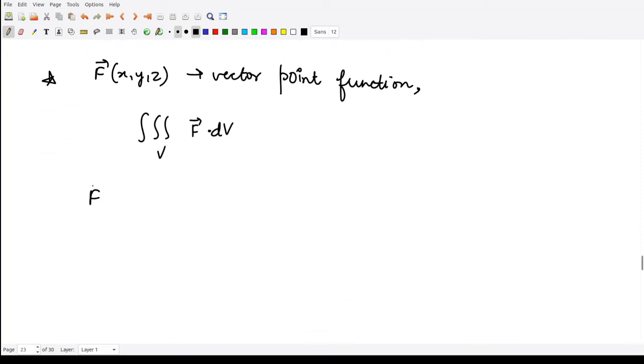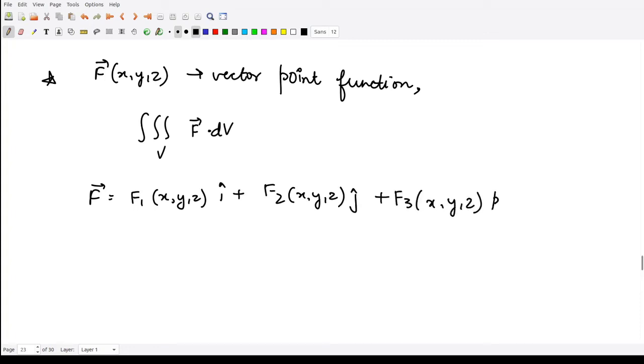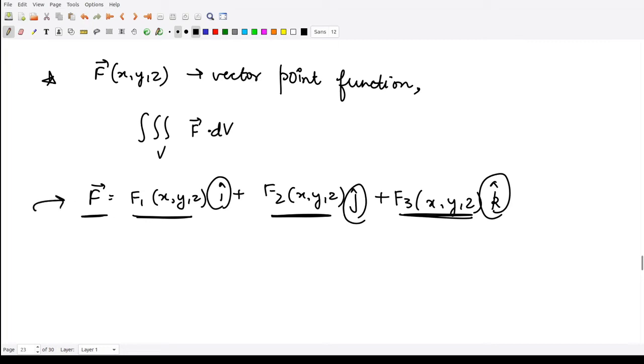Suppose this vector f is defined by f1, which is a function of x, y, z, i cap, plus f2, which is also a function of x, y, z, j cap, plus f3, a function of x, y, z, k cap. Basically I am defining the whole function as the sum of three components along the i cap direction, j cap direction and k cap direction. So this is a given vector.